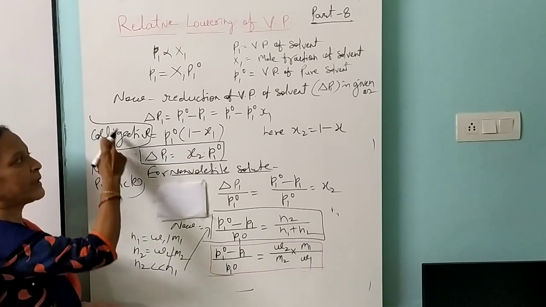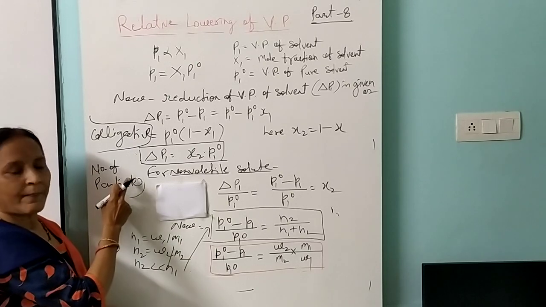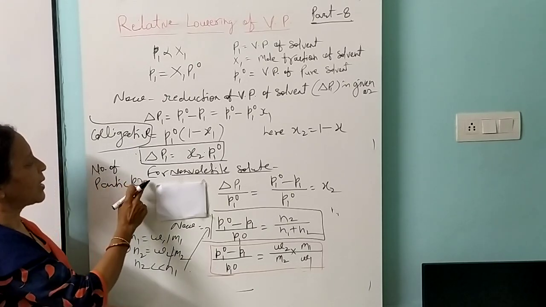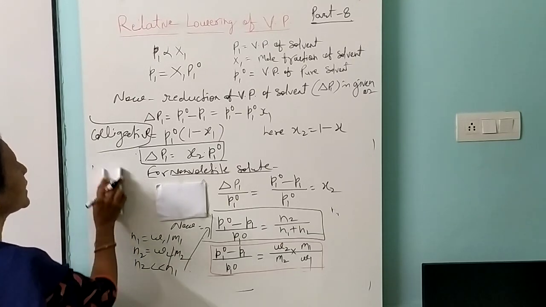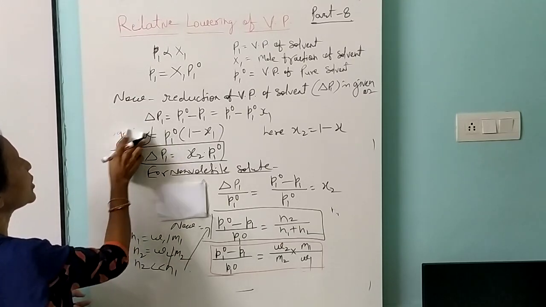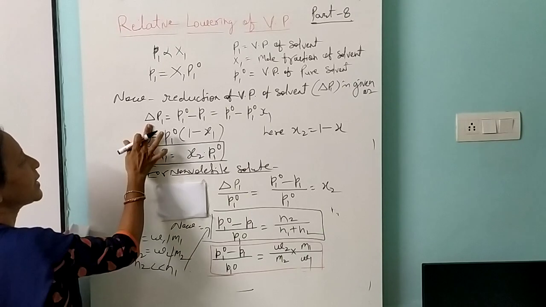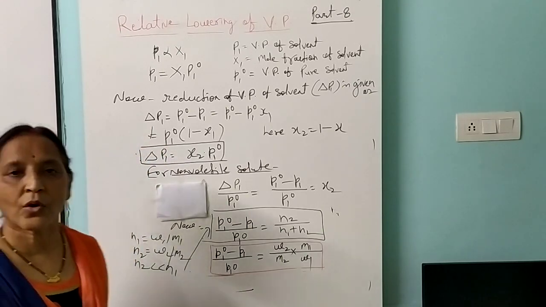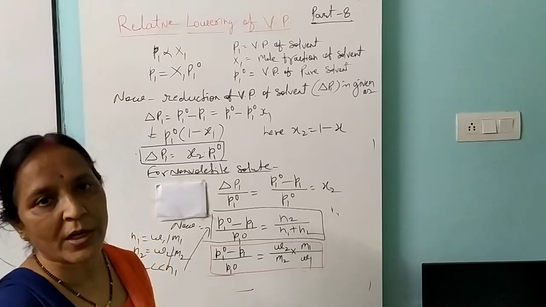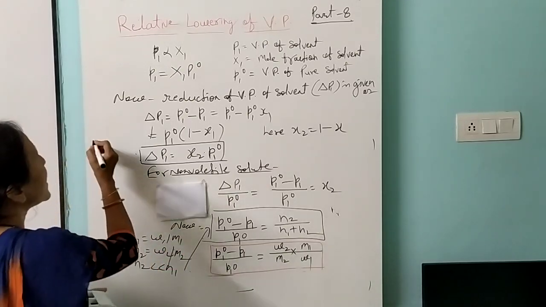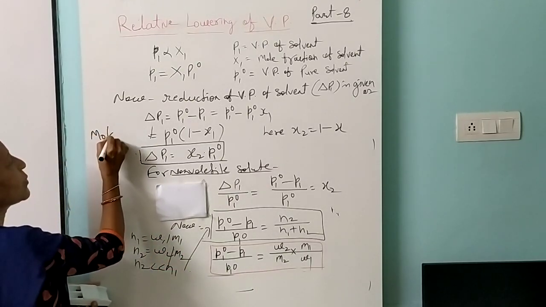With the help of colligative properties, we can calculate the concentration, or concentration here means molar mass. So how can we calculate this molar mass?